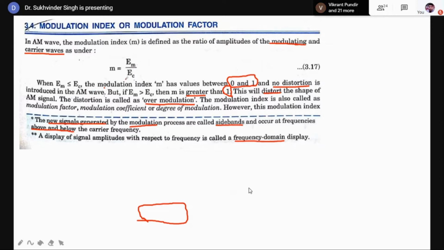And we know the carrier signal frequency is higher than the modulating frequency. So the value of modulation index generally lies between 0 and 1. And correspondingly, it is called as no distortion and over modulation, depending upon whether the value of modulation index is 0, 1 or higher than 1.